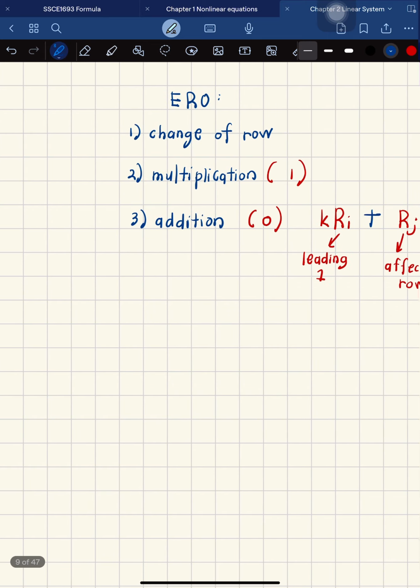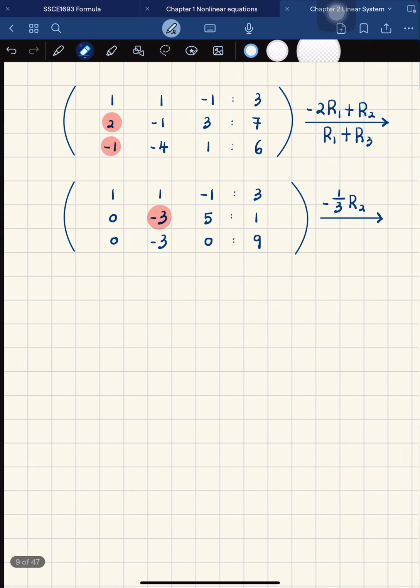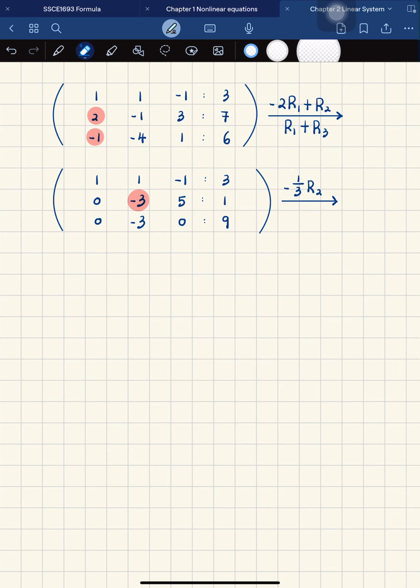Maybe we can write the formula as 1 with the number of the... it's okay. You just need to know that we want to make it 1.